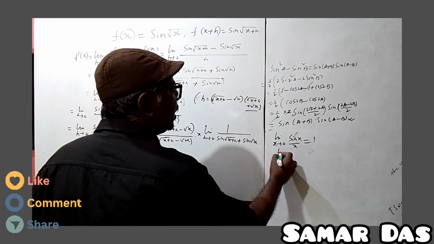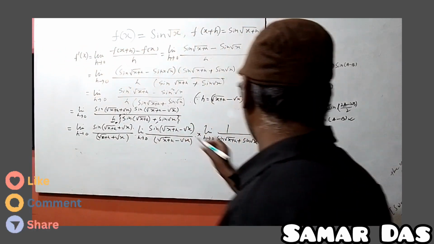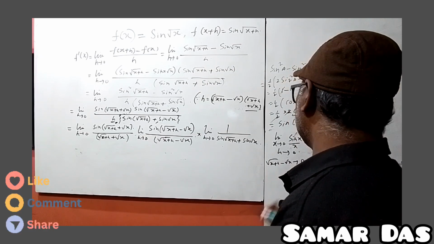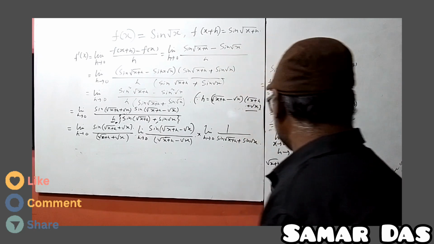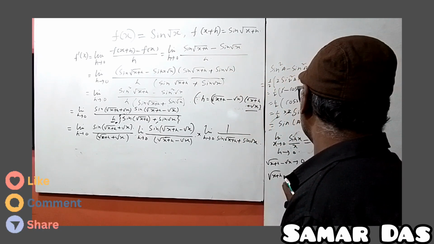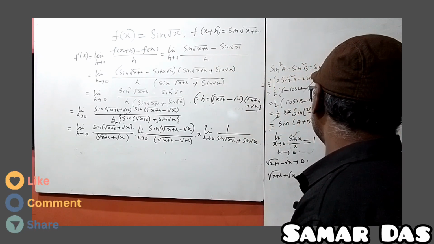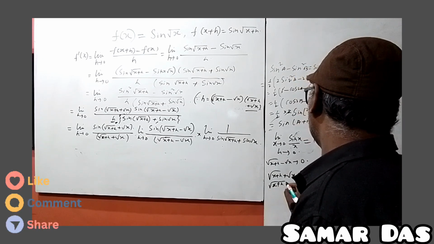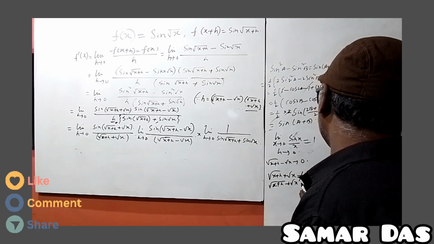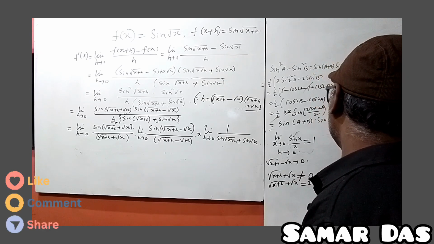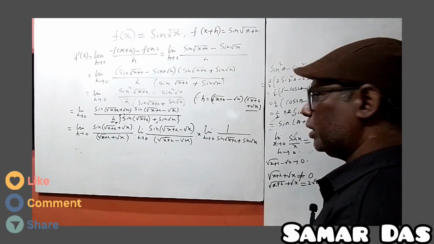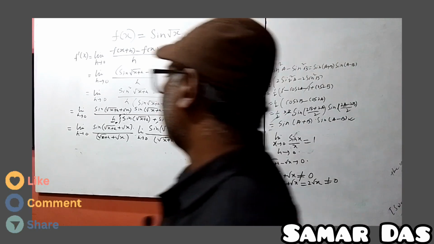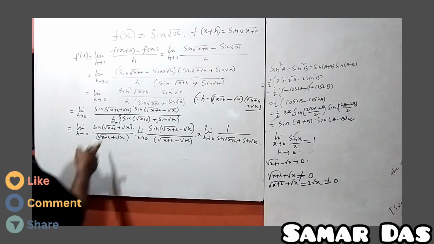As here h approaches 0, so root over x plus h minus root x has approaching value 0. But in that case root over x plus h plus root over x does not approach 0. If h tends to 0 this is equal to 2 times of root x, this can't be 0 here. Okay. So therefore we cannot take the limit of this as 1.